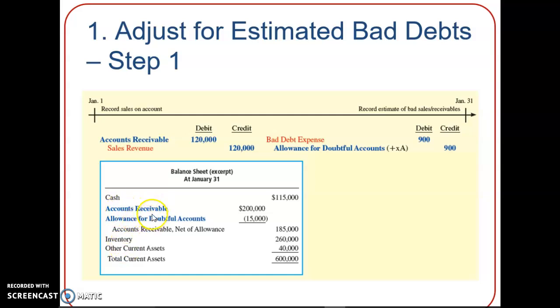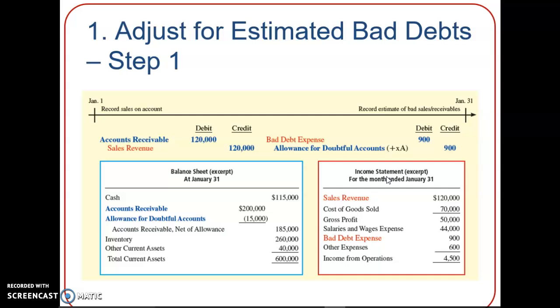Apparently there's more than one credit sale, and more than one journal entry for allowance for doubtful accounts. If we look at the balance sheet, gross receivable is $200,000, and the contra account, the allowance for doubtful accounts, is $15,000. So we have a net accounts receivable of $185,000.